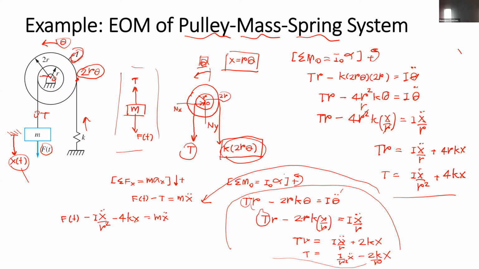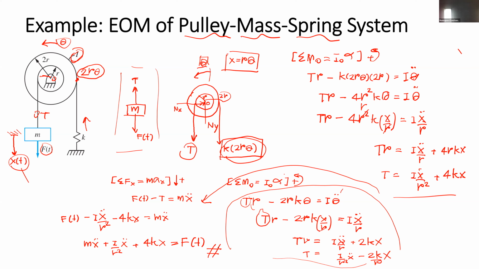So what we have here is m x dot dot plus I divided by r squared x dot dot plus 4kx equal to Ft. Okay, this is the equation of motion.